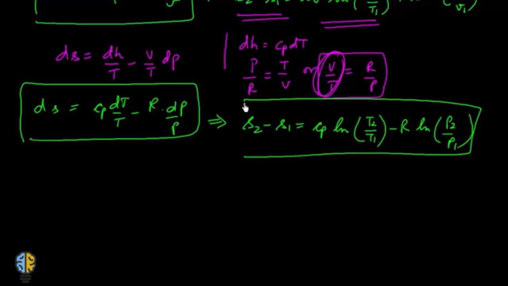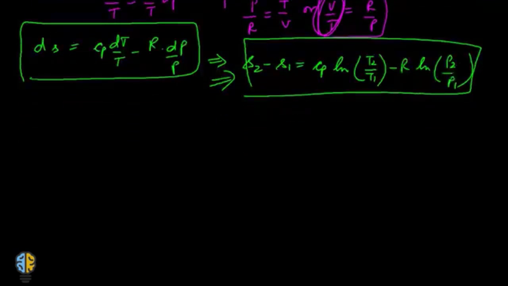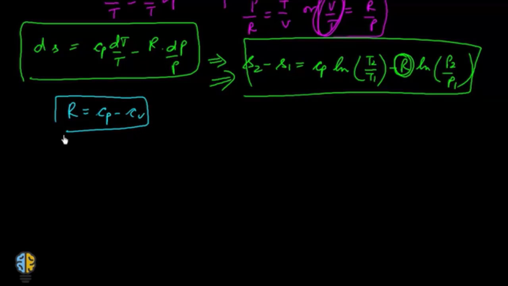So this is another equation that can be used to find out the entropy change for an ideal gas when a system moves from state 1 to state 2. Alright, now if you look at this equation, let's use some expressions for this R. So we know that R is equal to Cp minus Cv, isn't it?